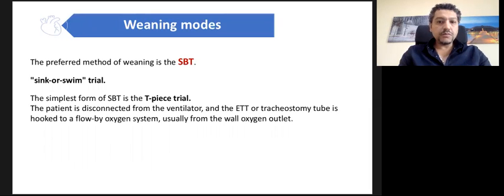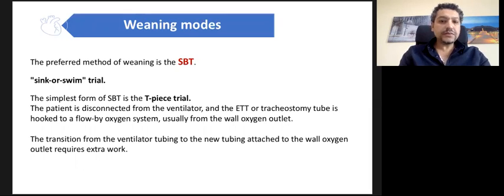The simplest form of it is the T-piece trial, where the patient is disconnected from the ventilator and the endotracheal tube or tracheostomy tube is hooked to a flow-by oxygen system, usually from the wall oxygen outlet. This transition from the mechanical ventilator tubing to the new tubing attached to the wall oxygen requires really tremendous extra work from the patient.